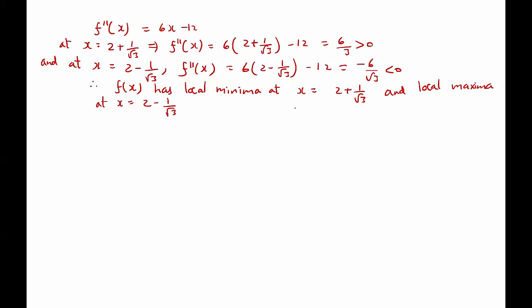So that means f(x) has one local minima at x is equal to 2 plus 1 by root 3 and one local maxima at x is equal to 2 minus 1 by root 3.